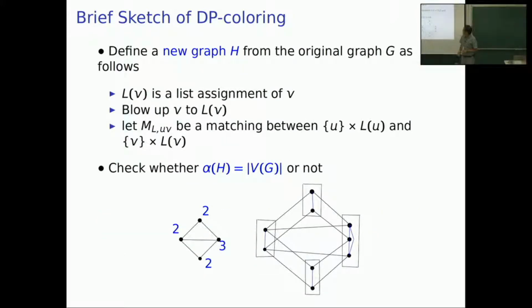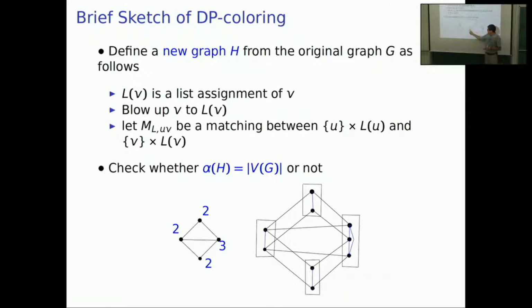So let's define DP coloring more formally. Given a graph, we define a new graph H, such that here is the list sizes 2, 2, 2, 3, and then we blow up each vertex according to this list.